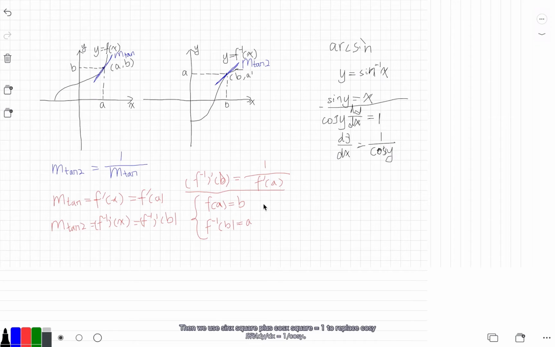Then we use sine squared plus cosine squared equals 1 to replace cosine y as the square root of 1 minus sine y squared.